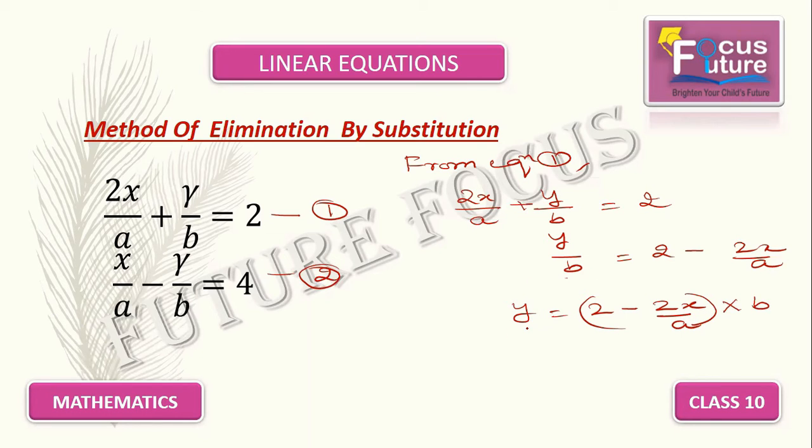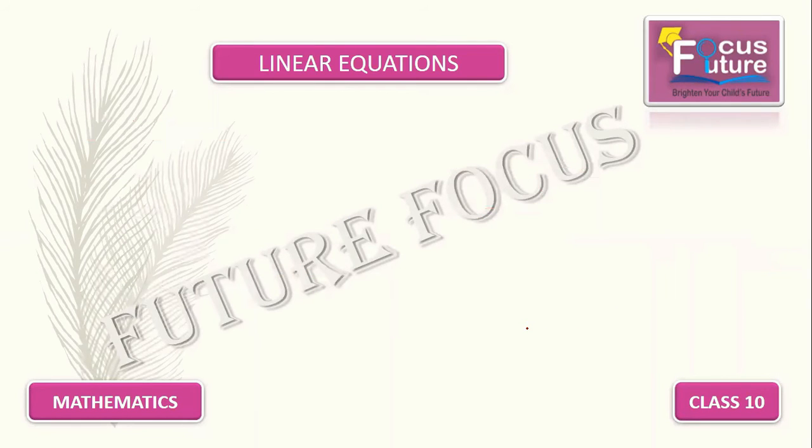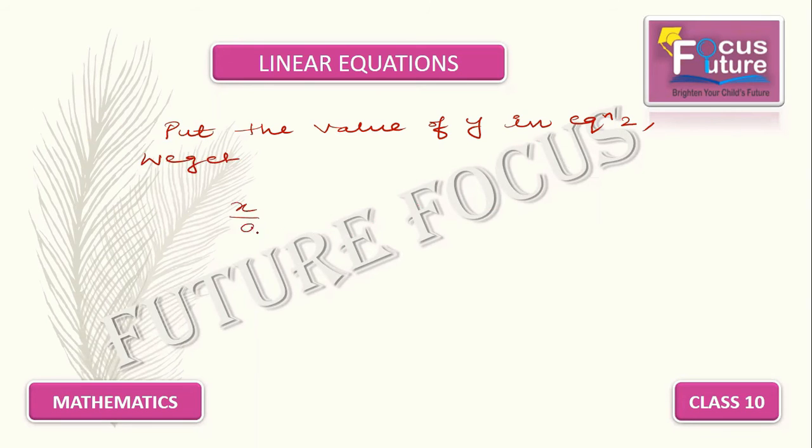Now put this value of y in equation number 2. We get x upon a minus 1 upon b is already there, so we put the value of y there, and b is multiplying with our x value.